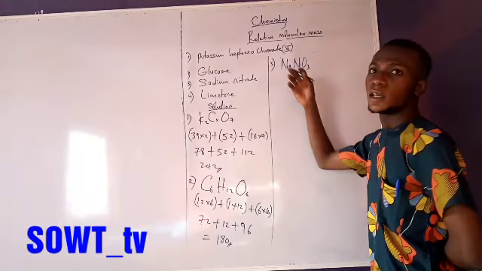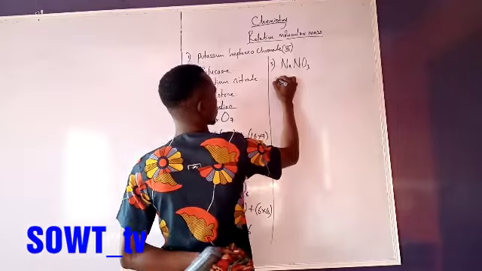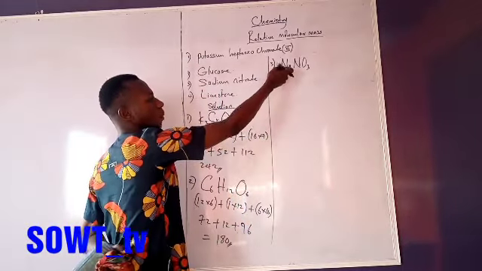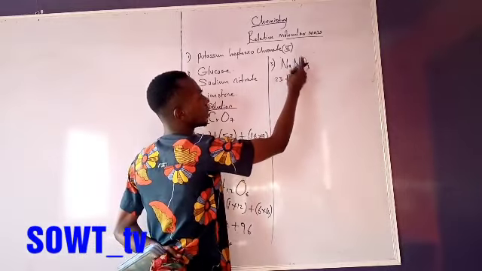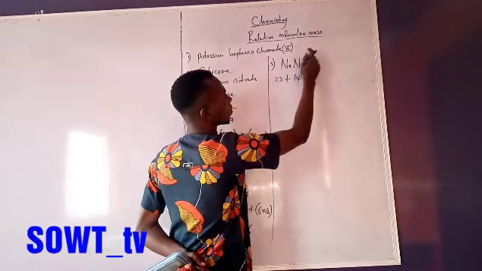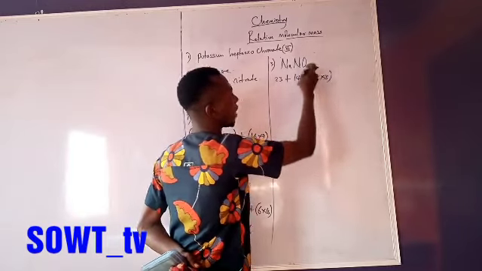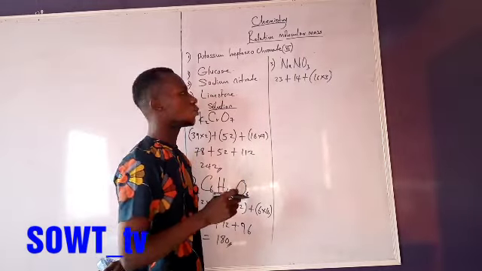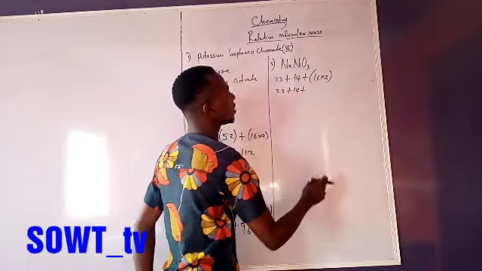The atomic mass of sodium is 23. There is no subscript there. Plus the atomic mass of nitrogen, which is 14. Plus that of oxygen, 16 times 3, because it has 3 atoms of oxygen. So 23 plus 14 plus 16 times 3.